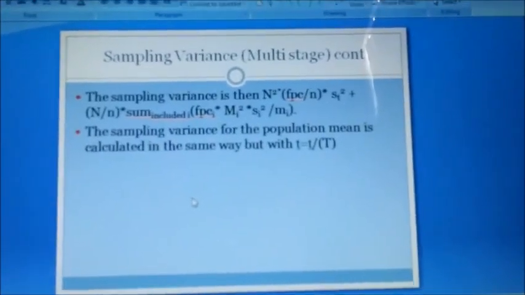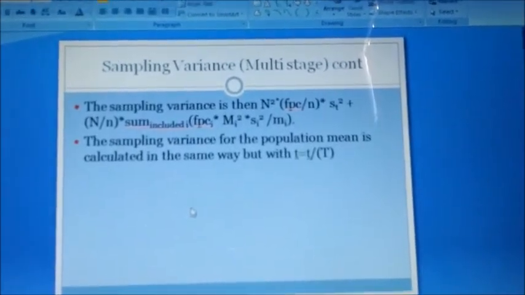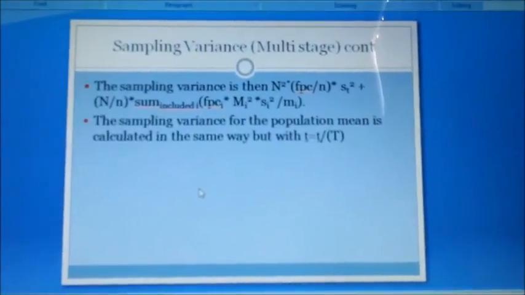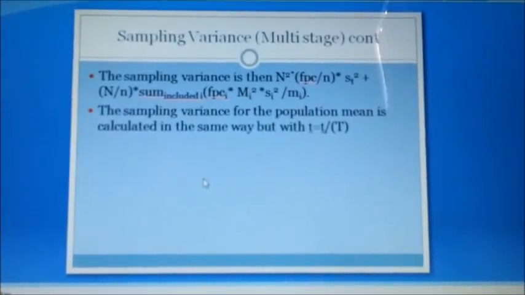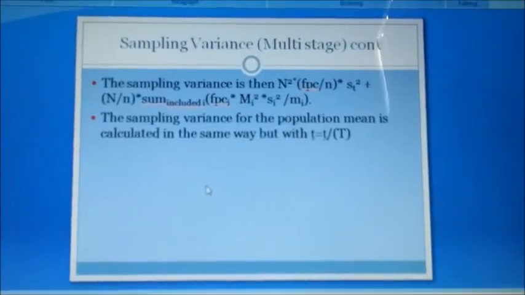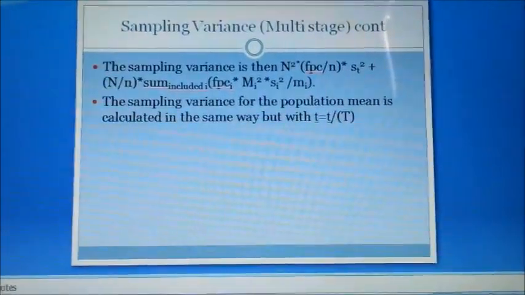Obviously this is much more complicated than the single stage one because you have to find your lowercase m's. The sampling variance for the population mean is calculated in the same way, except you replace T bar with T bar on the population total, which is N times M.